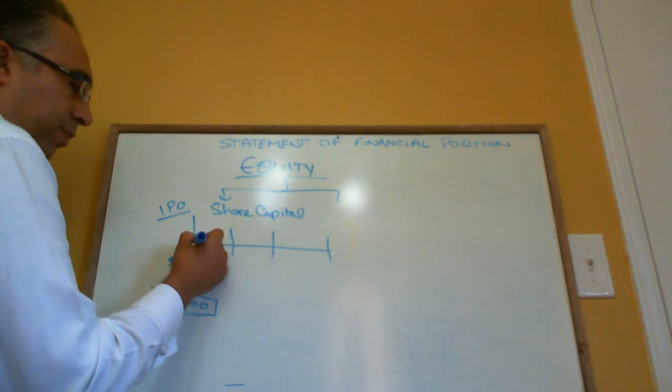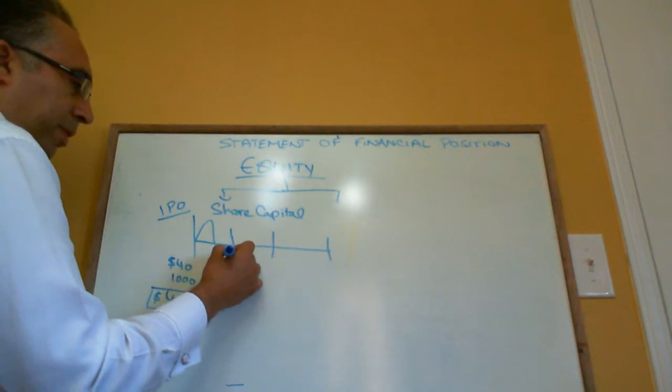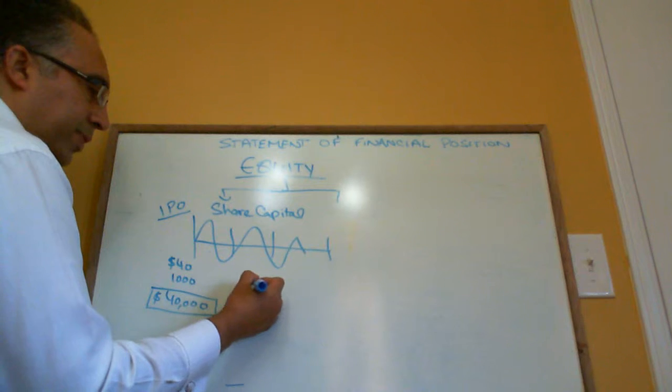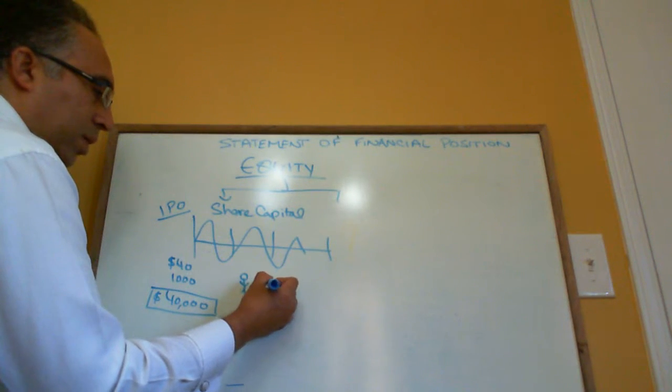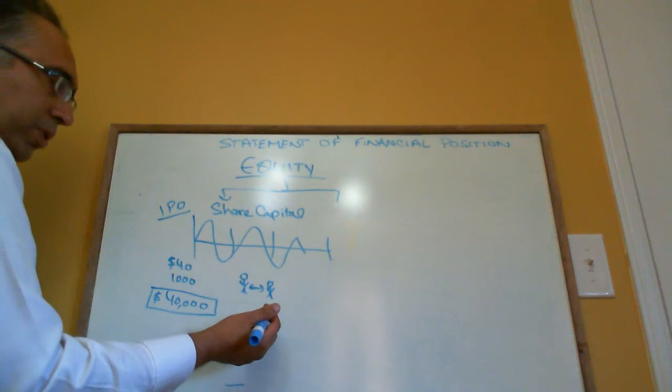Now regardless of where the price of the shares go, whether it goes up or down, it does not matter. These shares are being traded between investors only. The company is affected only when they reissue more shares.